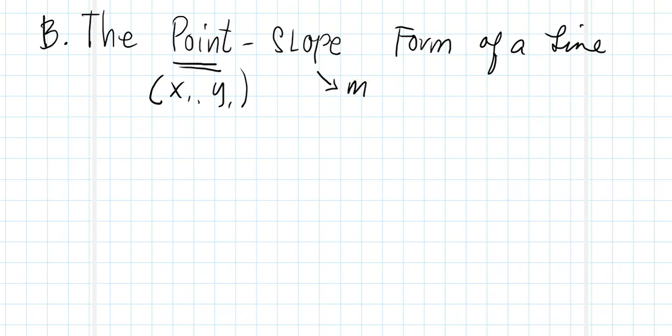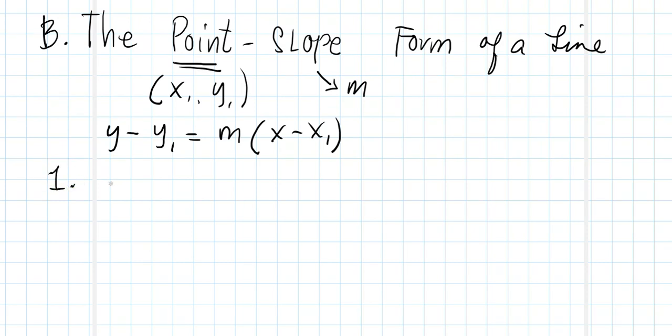So therefore, the point slope form is y minus y sub 1 is equal to m times x minus x sub 1. Okay?